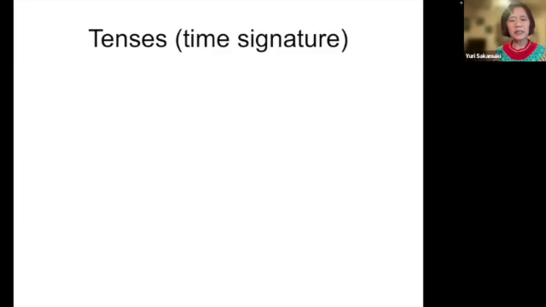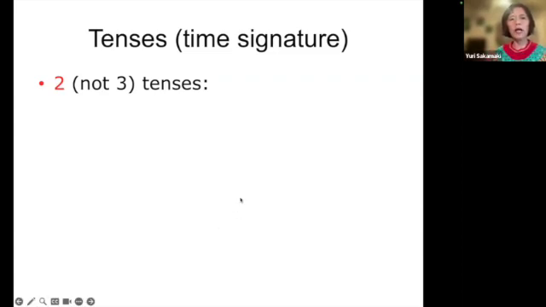So let's talk about tenses. Tenses are time signatures: when something happened, or it happens every day, or it will happen. English has 3 tenses: past, present, and future.